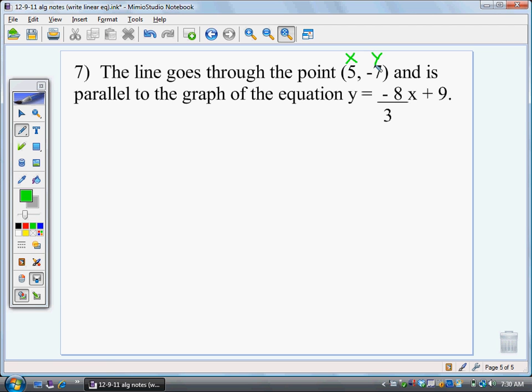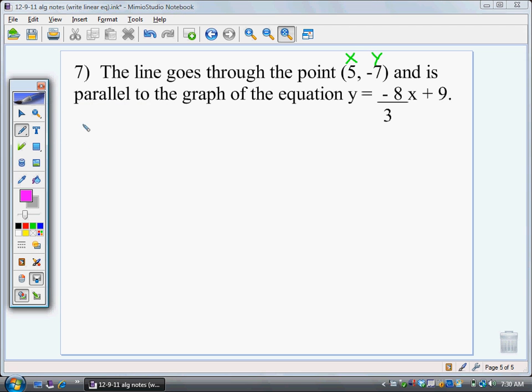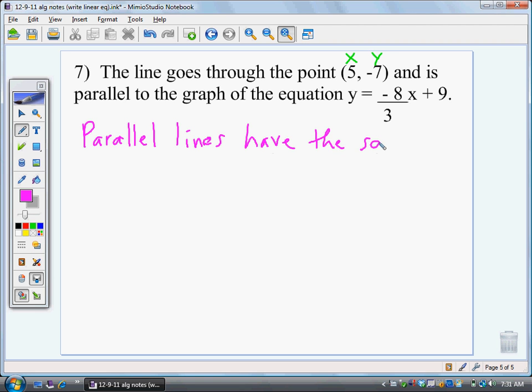And what you need to know basically is one thing here: parallel lines have the same slope. We know the slope of this line is -8/3, that's given to us. So the equation we want to write has to have the same slope, -8/3.